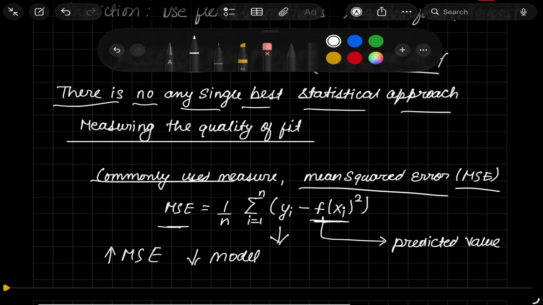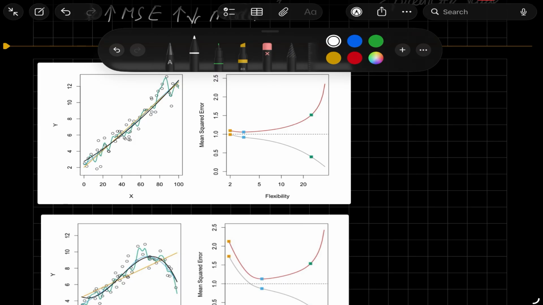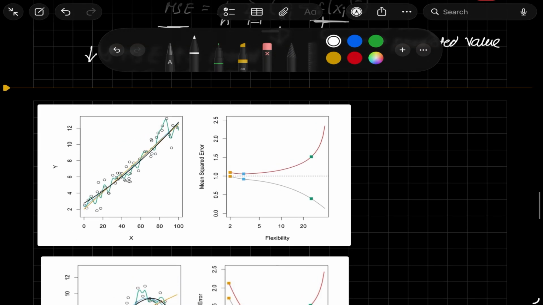The lower the MSE is, the better the model is. Okay, we have some graph here which tells us how good our model is based on its interpretability and flexibility.